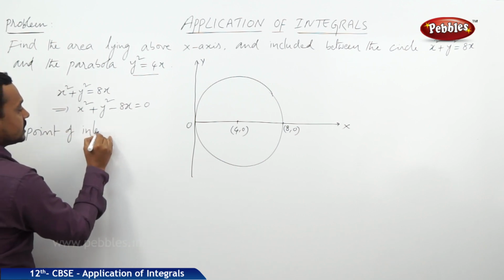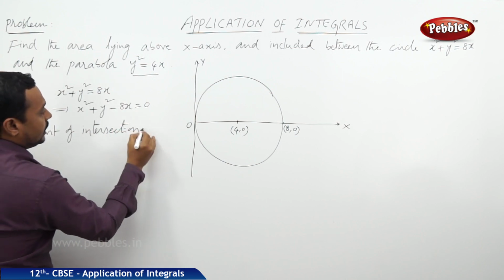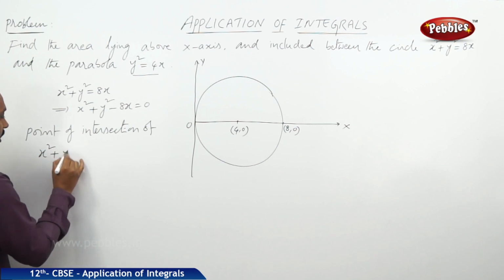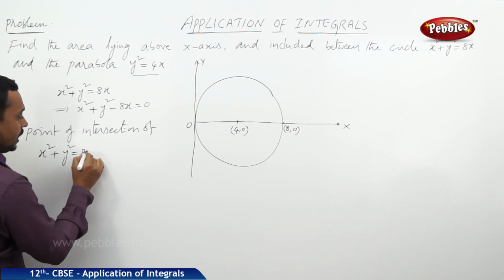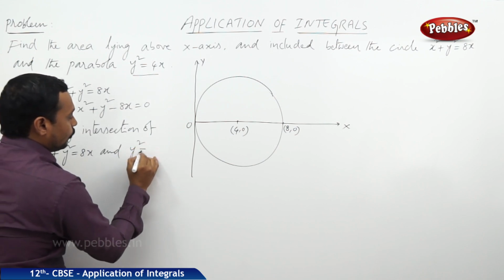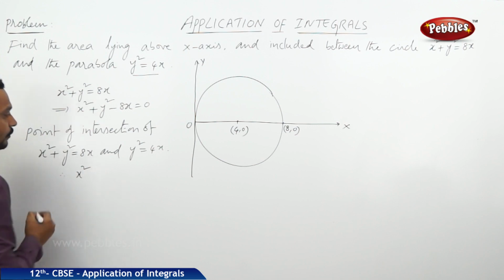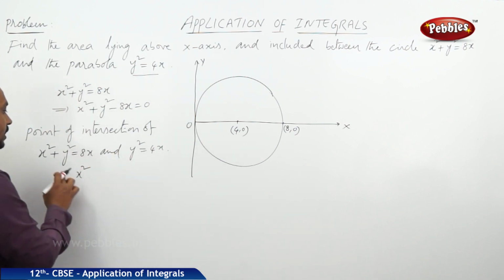Point of intersection of the circle x square plus y square is equal to 8x and y square is equal to 4x. Therefore, for point of intersection, we can eliminate any of these two parameters.